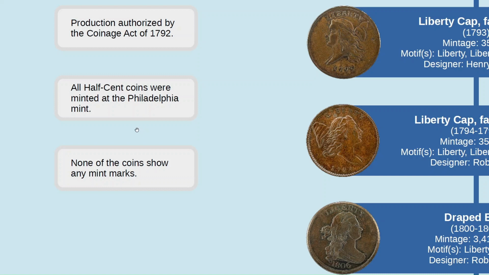And as such, none of the coins show any mint marks. This is a trend that goes on pretty far into the future. You'll see that with other coins, the ones minted at Philadelphia, not always, but often do not show the mint mark. They don't show the little P indicating which mint it was produced at.